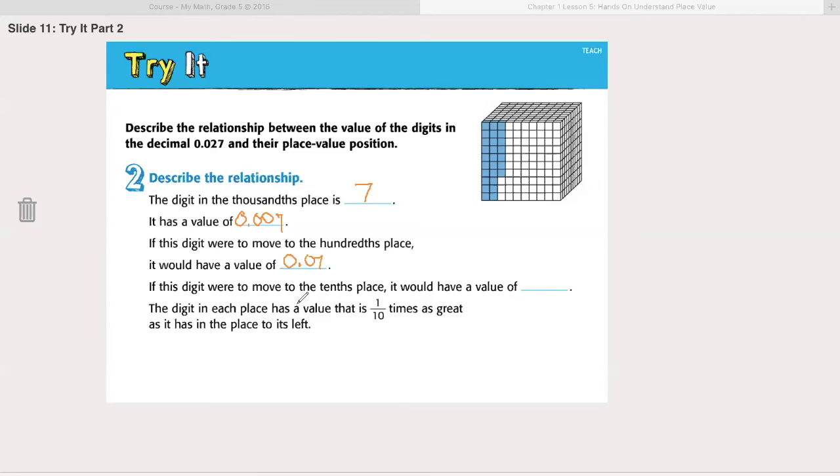If this digit were to move to the tenths place, it would have a value of 0.7, which would be 10 times greater still. The digit in each place has a value that is 1/10 times as great as it has in the place to its left.